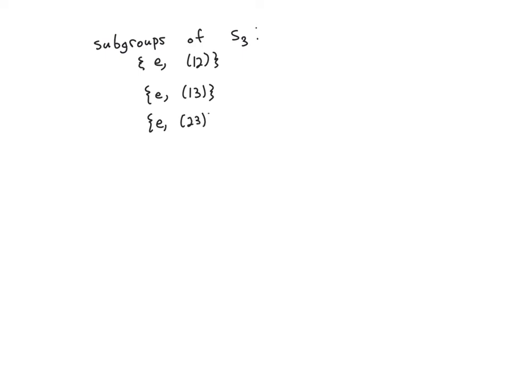So what are the subgroups of S3? Well, there's the trivial group, the full group, and then there are these groups of order 2, and one group of order 3.